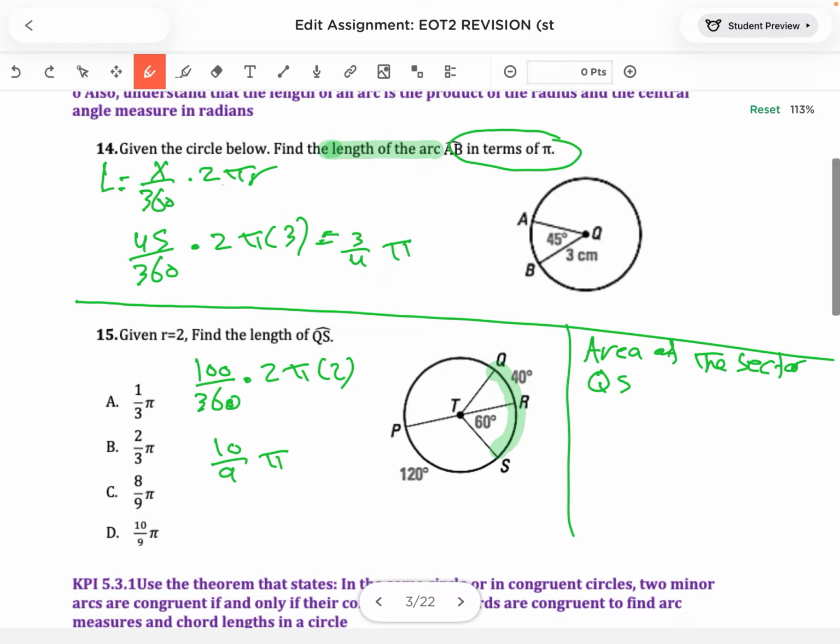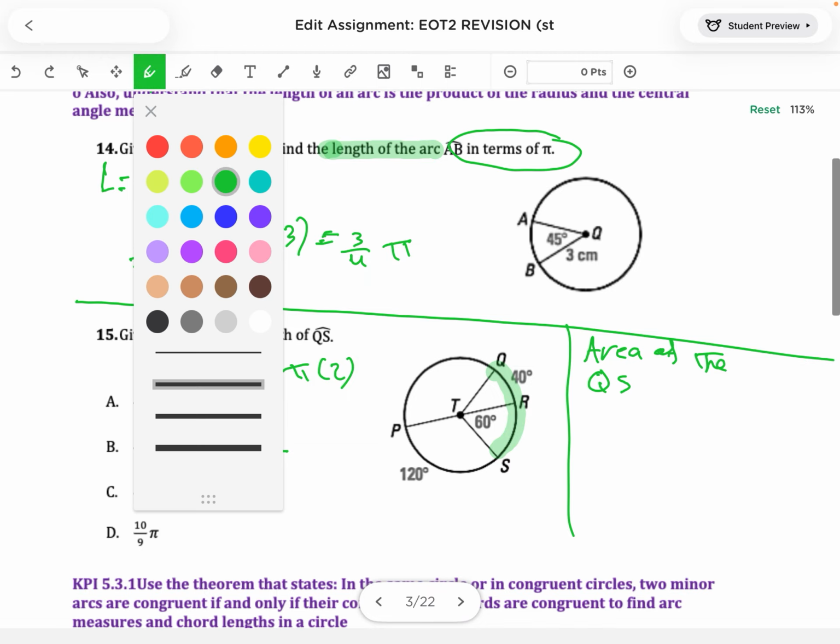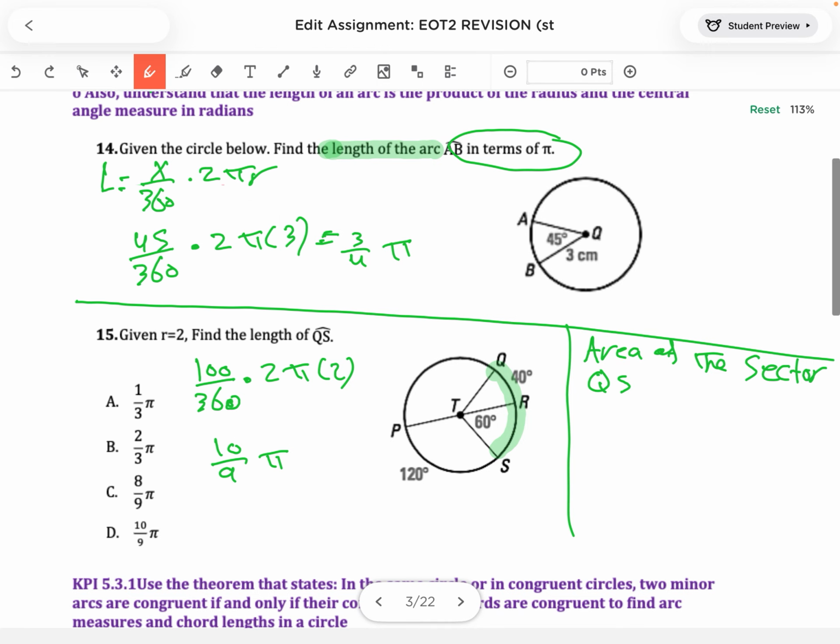Area of a sector equals X over 360 pi R square, which is 100 over 360 times pi for radius 2 square.